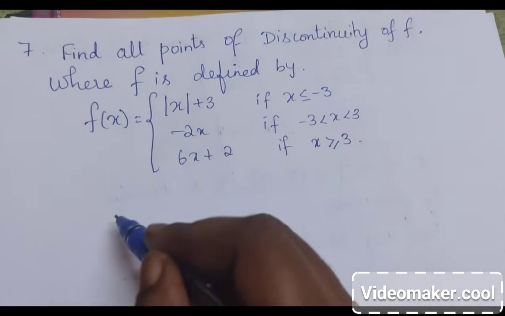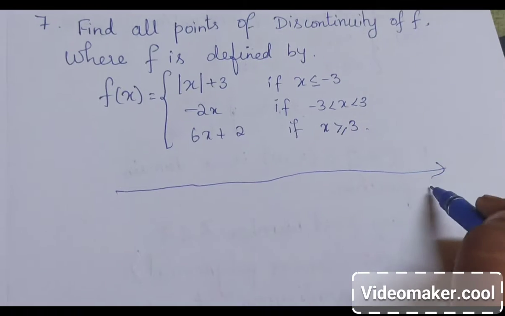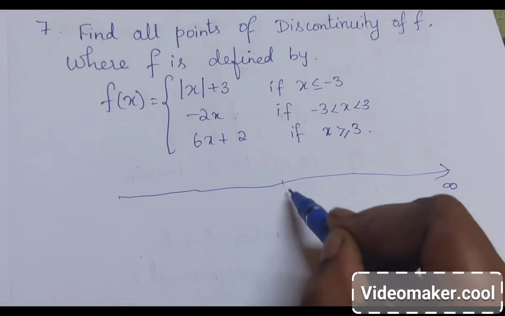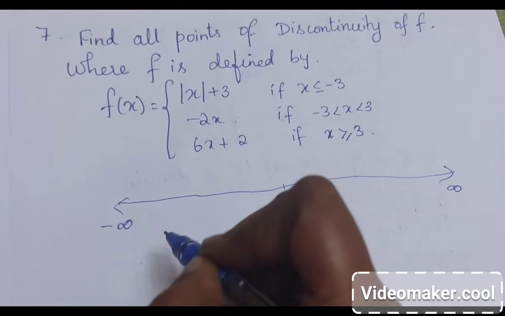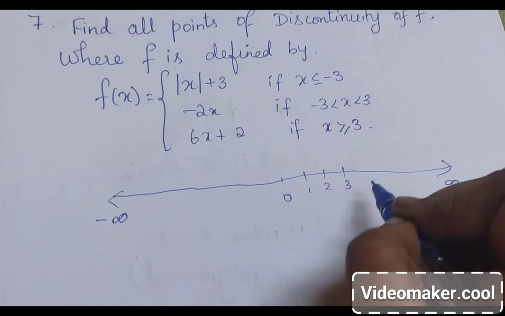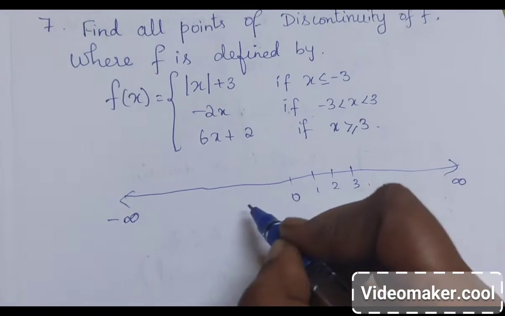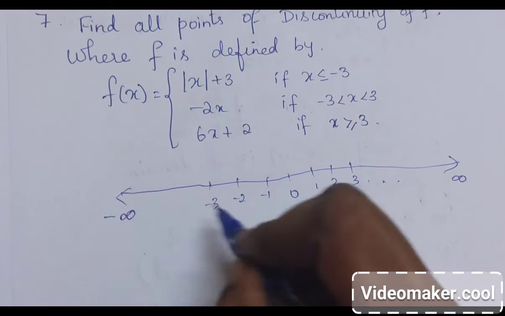So if we draw a real line, it goes up to infinity, here center, neutral 0, and here it goes up to minus infinity. Here 1, 2, 3 and so on, and here minus 1, minus 2, minus 3 and so on.